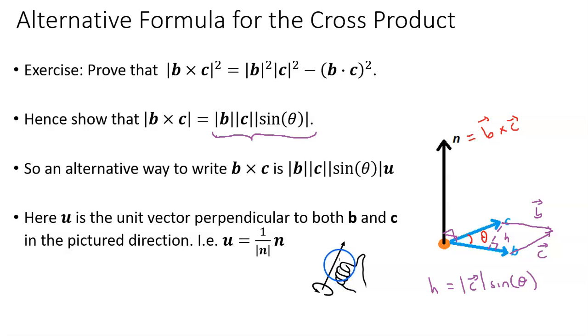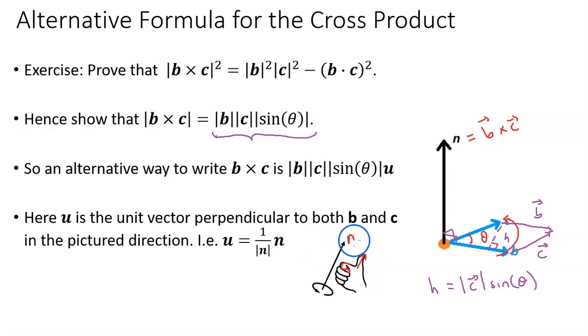And we've got a little picture down here called the right hand rule. So you curl your fingers around like this, and when we curl the fingers, it should go from b to c in that direction. And then the thumb points upwards.